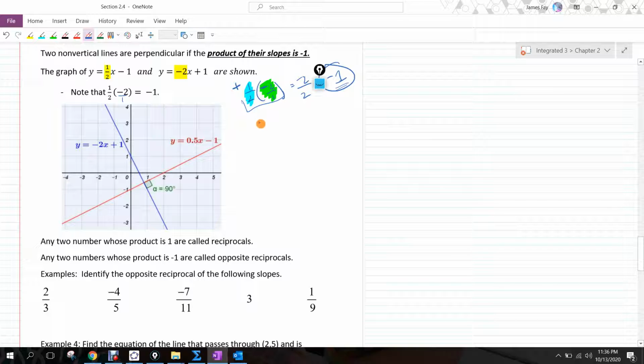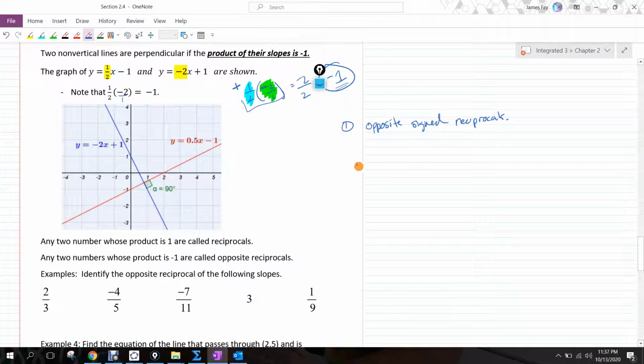So we have two tests that we can use to determine if two lines are perpendicular or not. Visually, under inspection of the slopes, we can ask, are they opposite-signed reciprocals? That's usually the easiest one, but at times it's almost impossible to recognize based on the types of coefficients we're given.